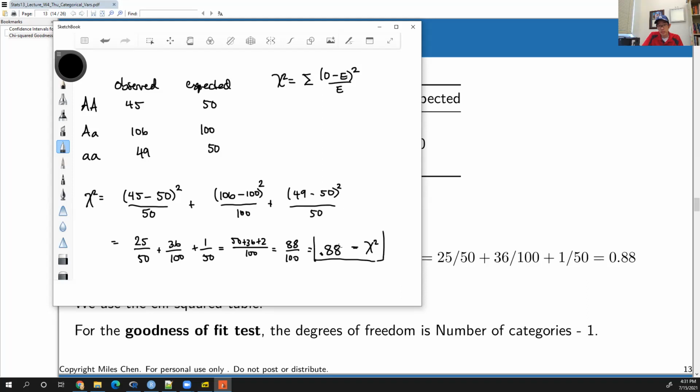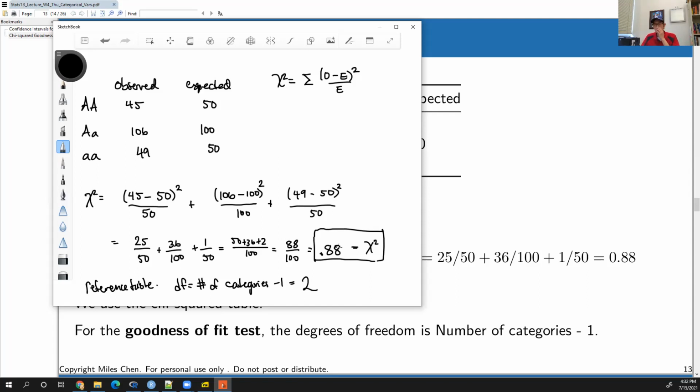And we're going to go to a reference table. The degrees of freedom we're going to use is the number of categories minus 1. I have 3 categories, big A big A, big A little a, little a little a. So I'm going to have 2 degrees of freedom.